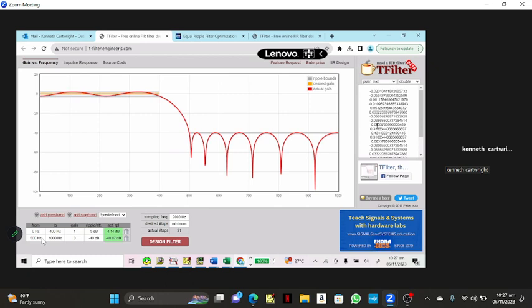Well, folks, what do you need to build a filter? What do you need to build a digital filter? Wow.